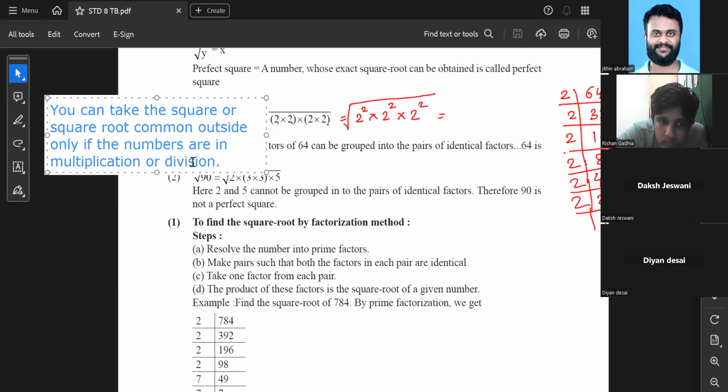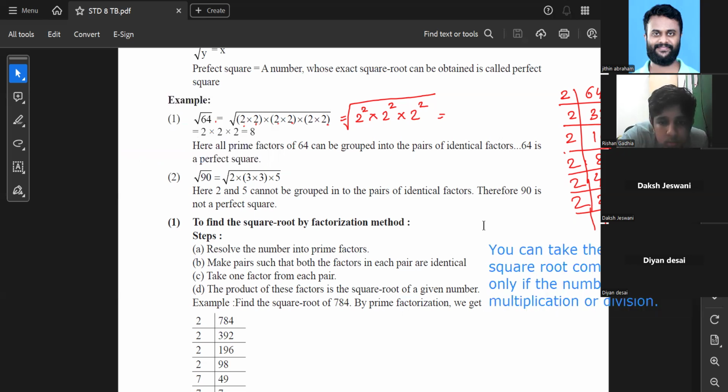So this rule you can remember. You are allowed to take common outside only if they are in multiplication or division. Otherwise, you are not allowed. So since they are in multiplication, I will take common. I will write this as 2 multiplied by 2 multiplied by 2 whole square outside and whole root outside.